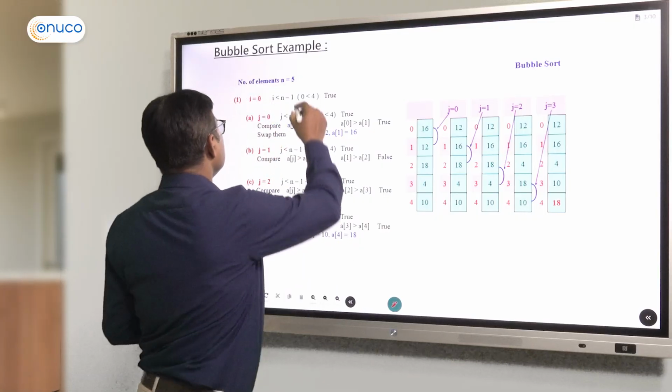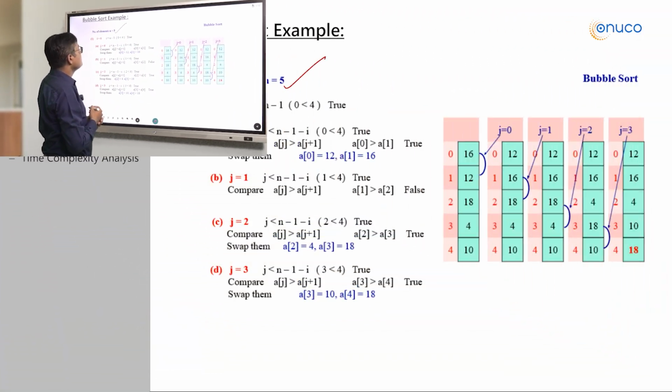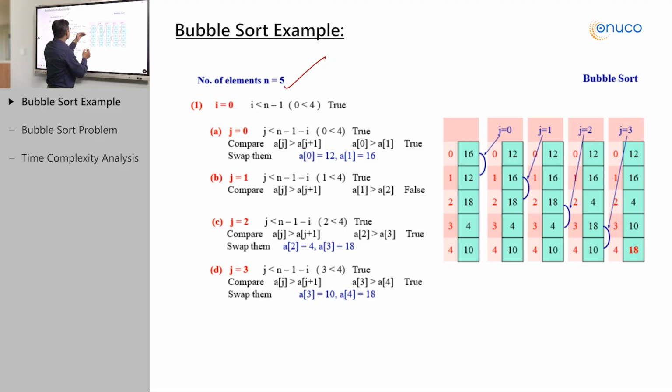Say, for example, here the number of elements is 5. So we are going to read 5 elements into the array: 16, 12, 18, 4, 10. These 0, 1, 2, 3, 4 are the indexes. Sorry, 16, 12, 18, 4, 10 are the numbers. These are not in ascending order, right?